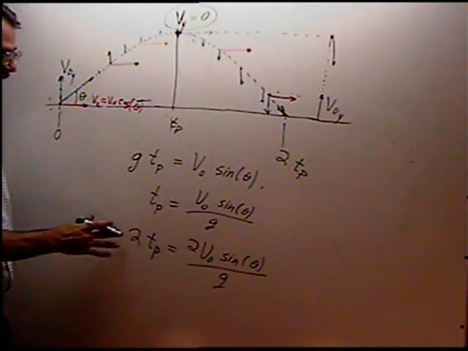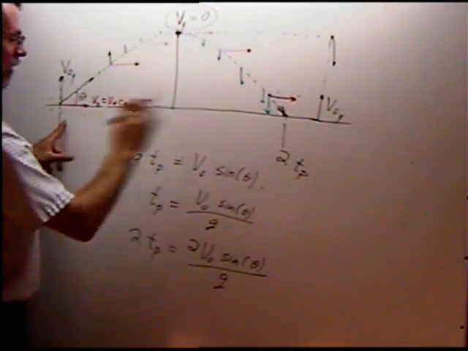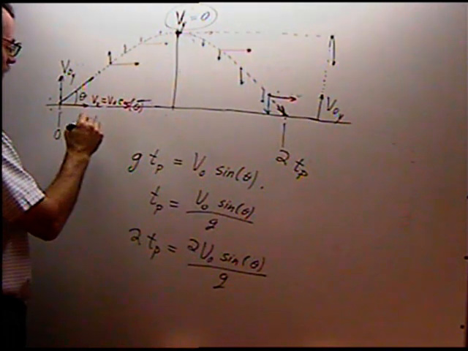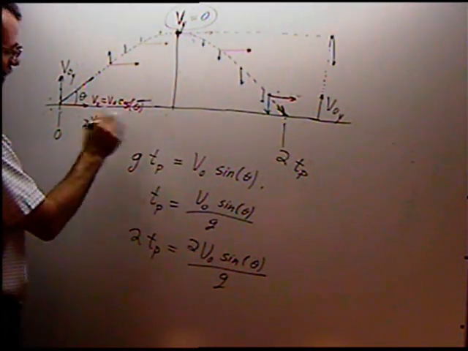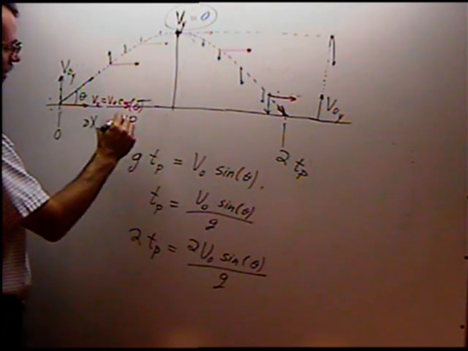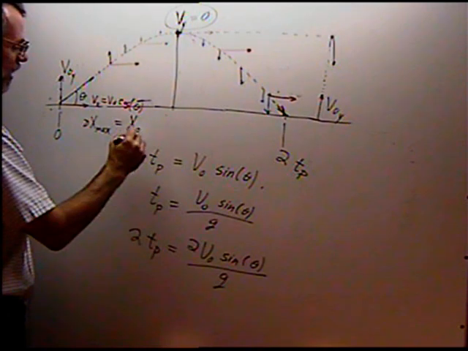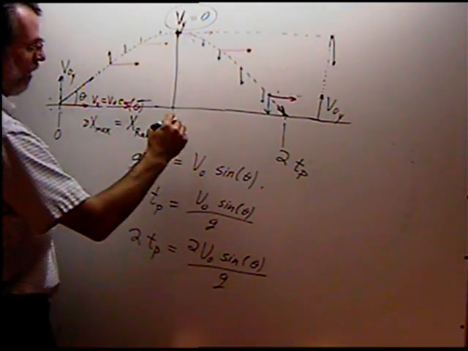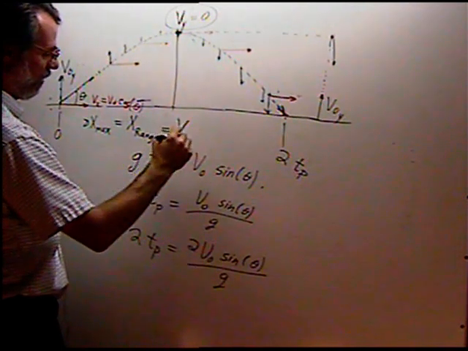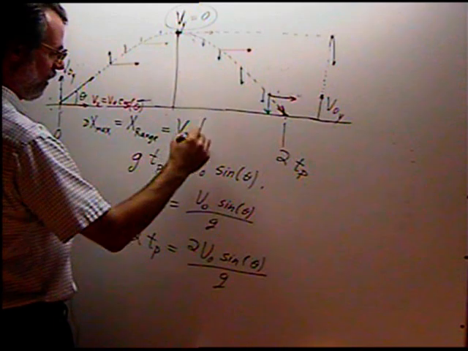Okay, once we have the total time, the total distance from here to here, what we call the range, delta x max, or what I sometimes call x sub range, is equal to the initial velocity in the x dimension, v sub 0x, times the total time.